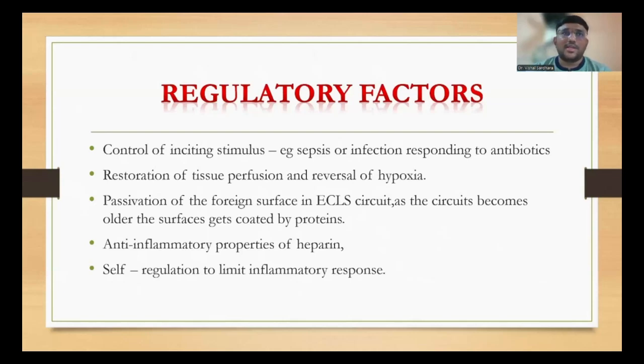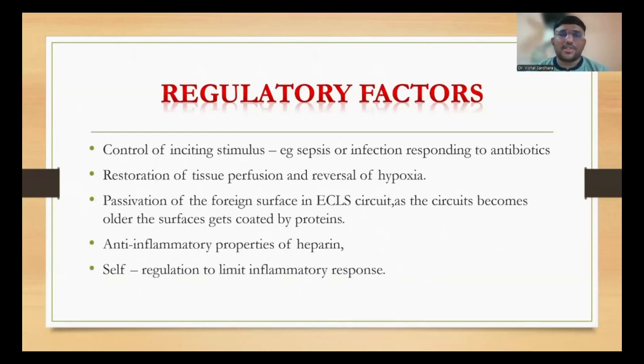Whenever we are initiating ECMO, we load the antibiotics according to the antibiogram at that time to cover that window. Then restoration of tissue perfusion and reversal of hypoxia: once ECMO goes on, tissue perfusion will happen and hypoxia will be reversed, so that will reduce the SIRS reaction.